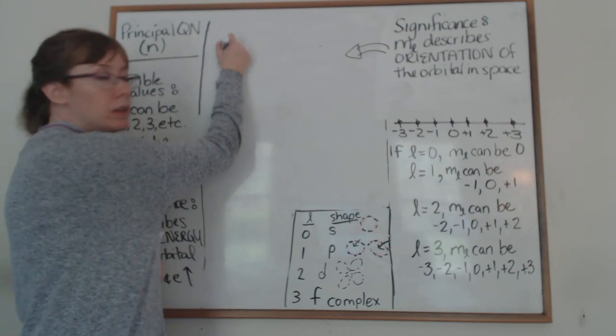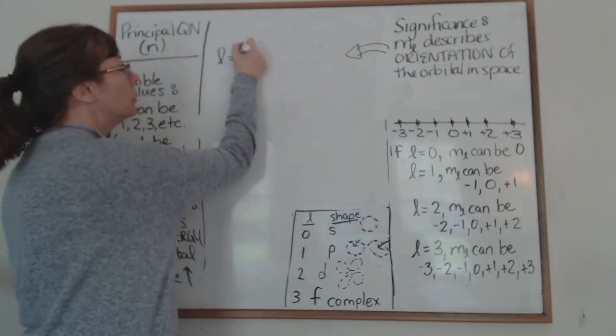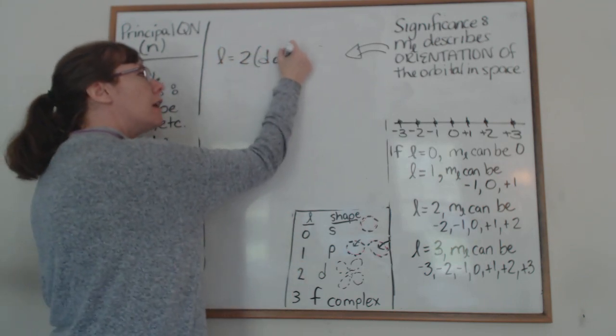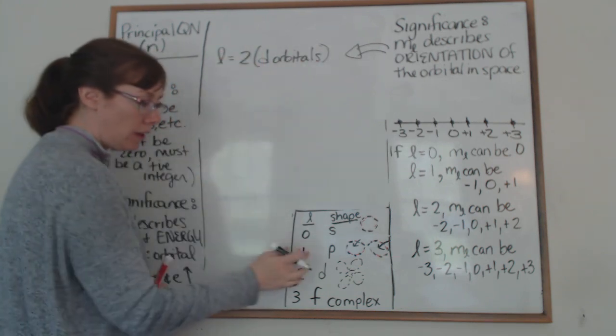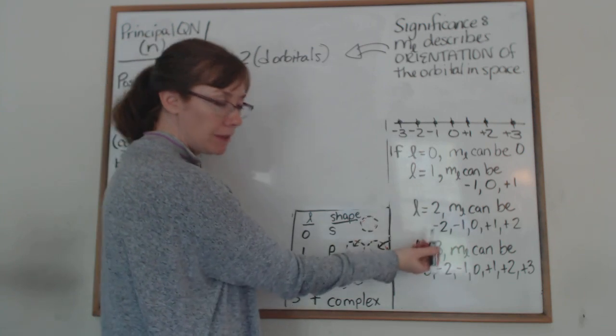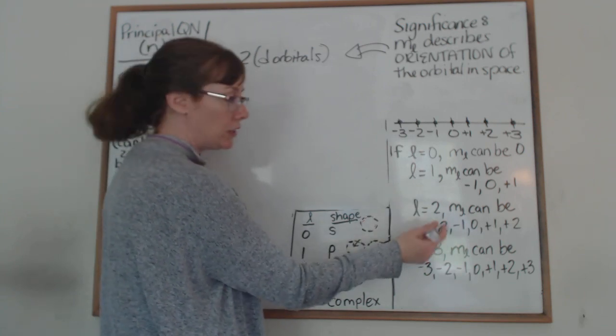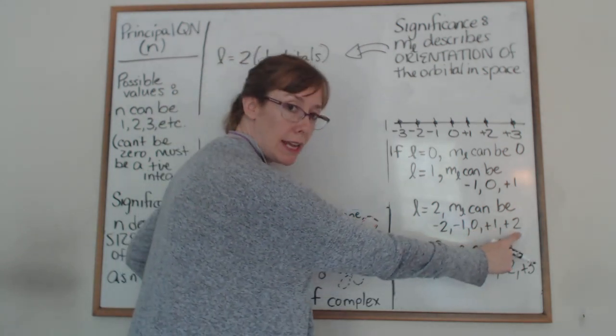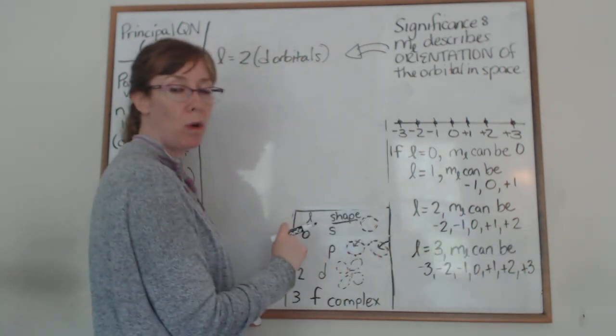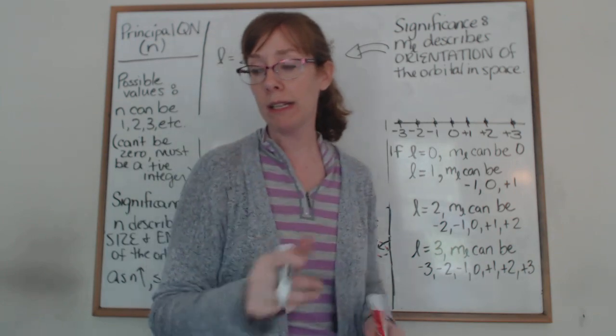When L is equal to 2, these are called d orbitals. How many of them will you have? Well, it's all defined by the quantum numbers from Schrodinger's equations. When L is 2, you actually have 5 different orientations. 1, 2, 3, 4, 5. 5 different quantum numbers is 5 different orientations.